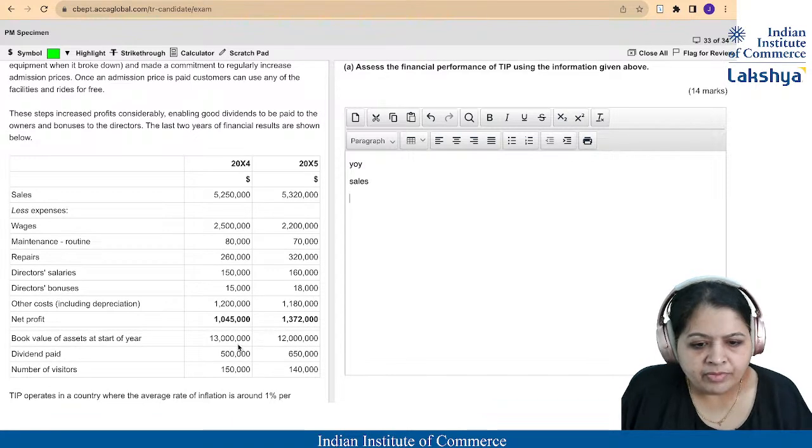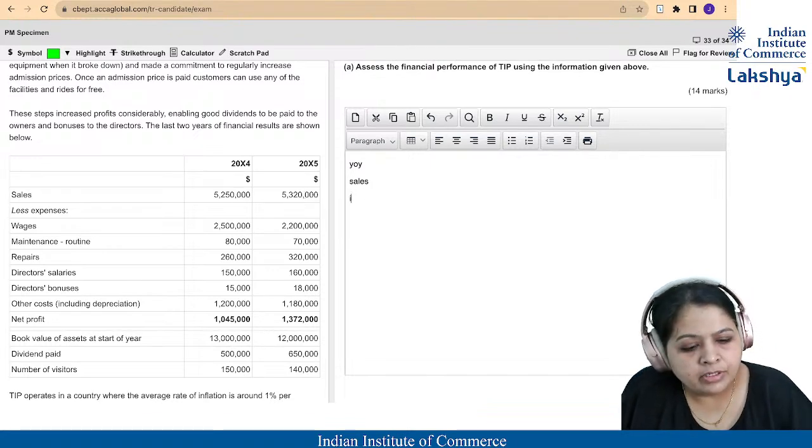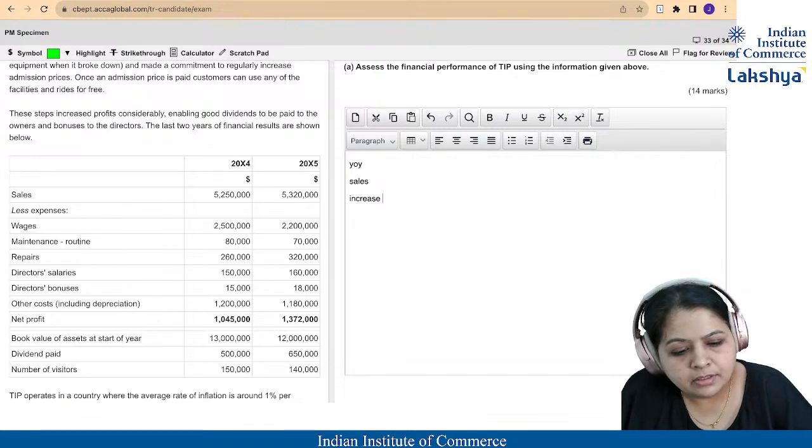How do you find that out? We divide the sales by the number of visitors, and we will find the year on year increase in admission ticket price.